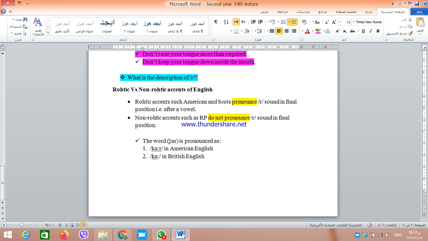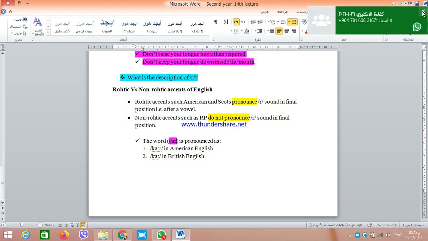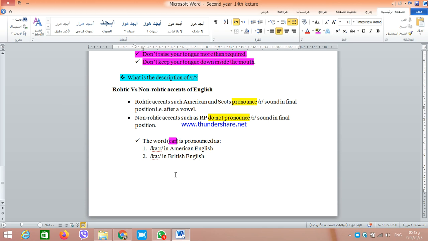If we take the word car, in British English we say car, car, car. There is no ra because it's after the vowel in this word. While in a word like, for example, ring, we have the sound ra.